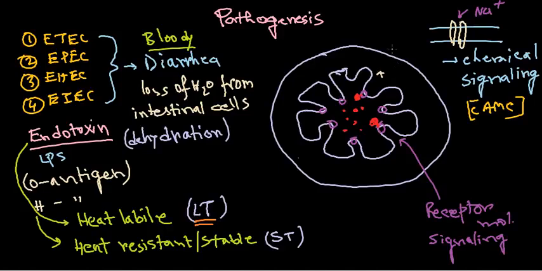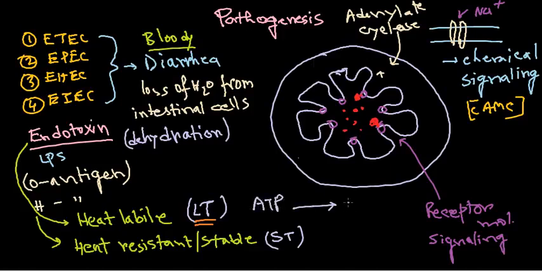So a rise in an enzyme, and that is called adenylate cyclase. As a result of the elevated concentration of adenylate cyclase, which is an enzyme to convert ATP into cyclic AMP, the role of this adenylate cyclase is to convert ATP into cyclic AMP.